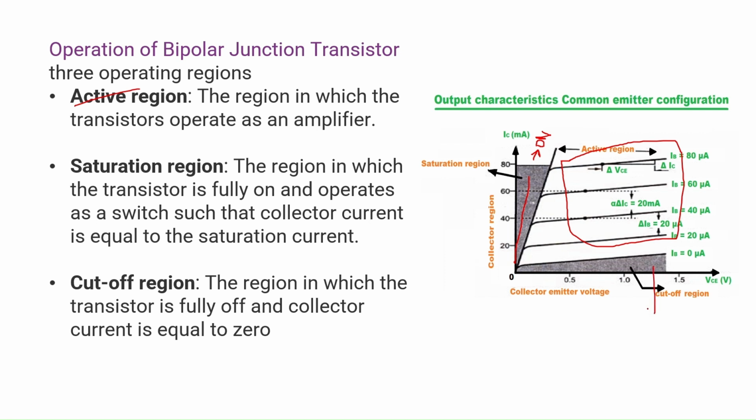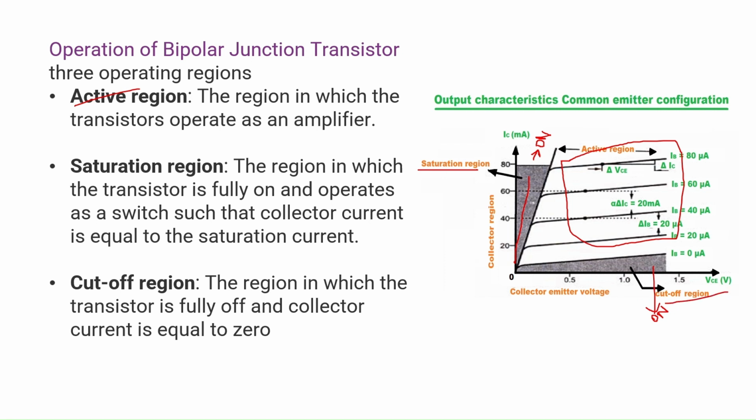Since there are two states for a BJT, on and off, it could be used as a switch. The BJT is used as a switch in saturation region and cutoff region, and it is used as an amplifier in active region.